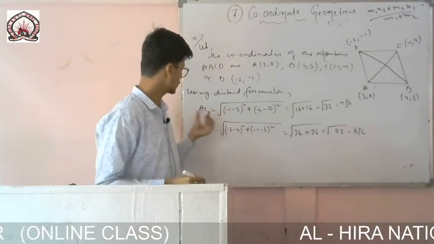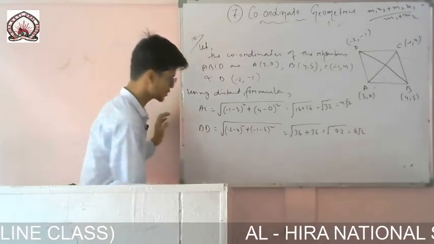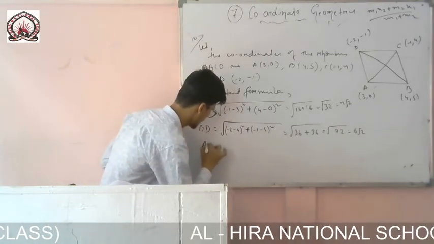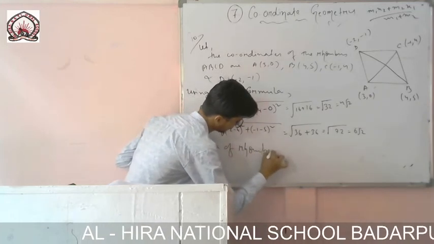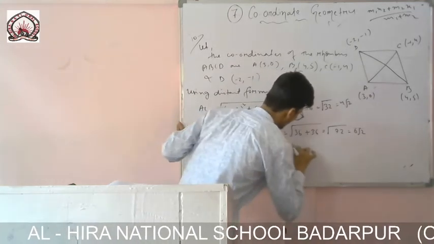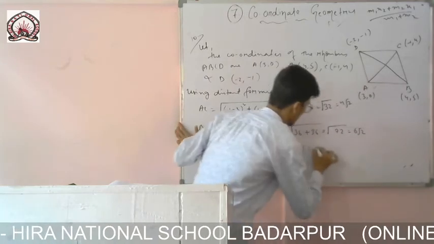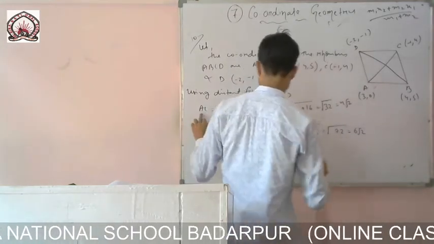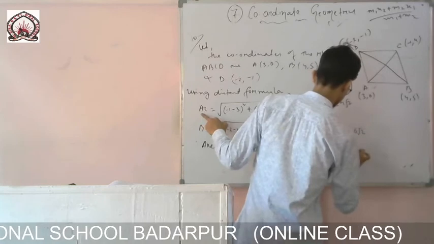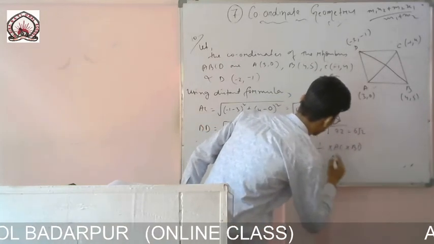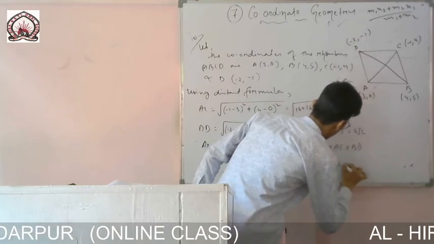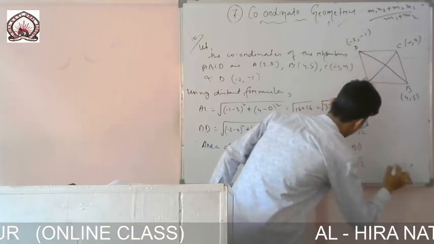Now we have got the distances, and we know the formula. The question is to find the area of the rhombus ABCD, which is half into the product of the diagonals, that is half into AC into BD. AC is 4 root 2 and BD is 6 root 2.